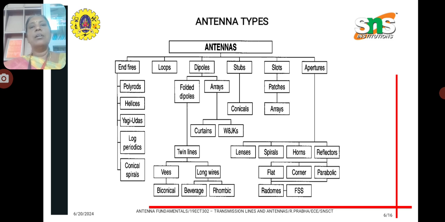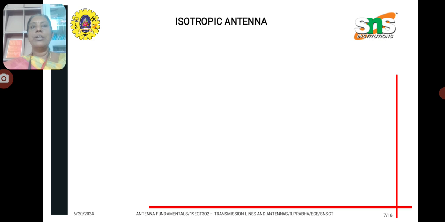For example, according to frequency, it can be divided into many types like low frequency, high frequency, super high frequency, ultra high frequency, medium high frequency antennas, and it is also classified according to structure. Some of the classifications of antennas are end-fire antennas, loop antennas, dipole antennas, stubs, slots, and aperture antennas, given in the diagram.